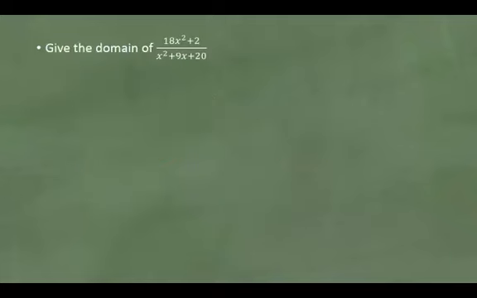Give the domain of 18x squared plus 2x over x squared plus 9x plus 20. Again, remember that the domain of the top here is all real numbers. All real numbers. So you don't have to worry about the numerator. Same thing for the bottom. The domain, if it was just a polynomial, it'd be all real numbers.